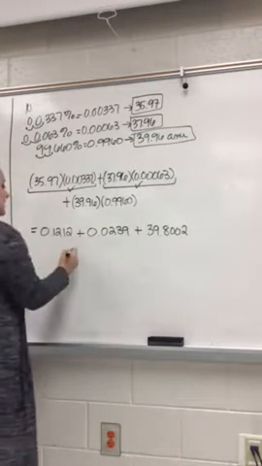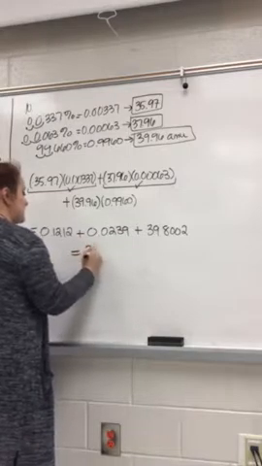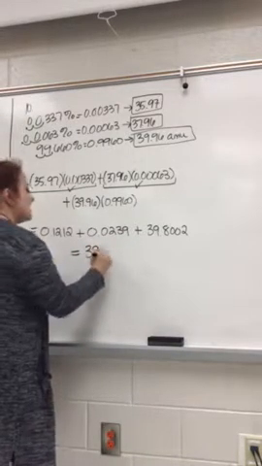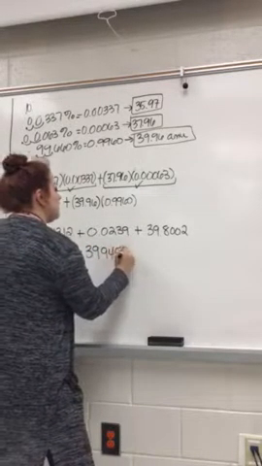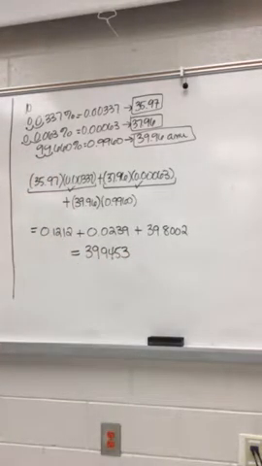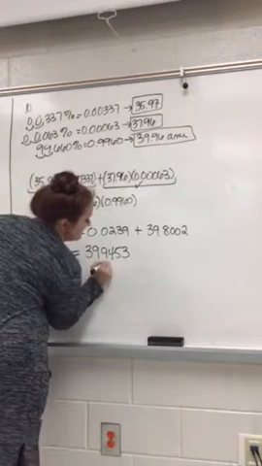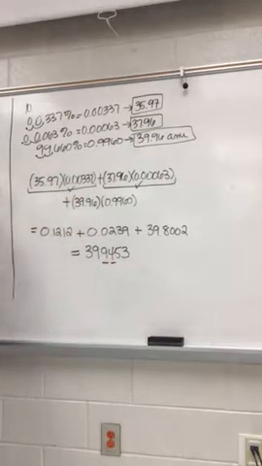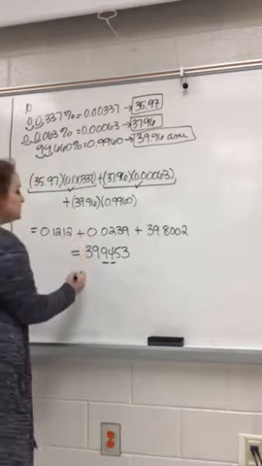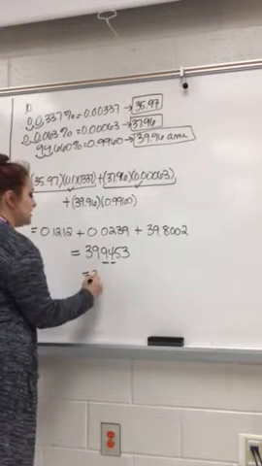When you do that in your calculator, it's going to pop up with the answer 39.9453. But if you go back to your problem, it says calculate the average atomic mass of argon to 2 decimal places. So we only need this decimal place and this decimal place. So we're going to rewrite the answer. We need 39.